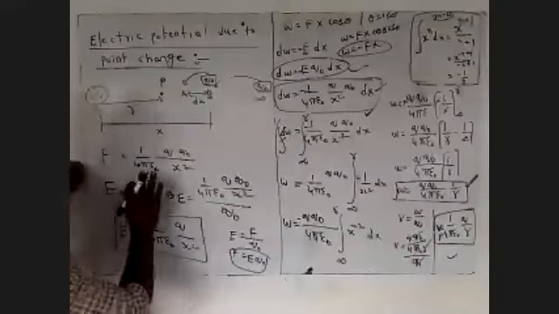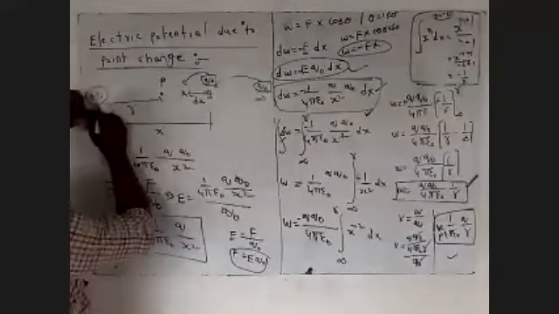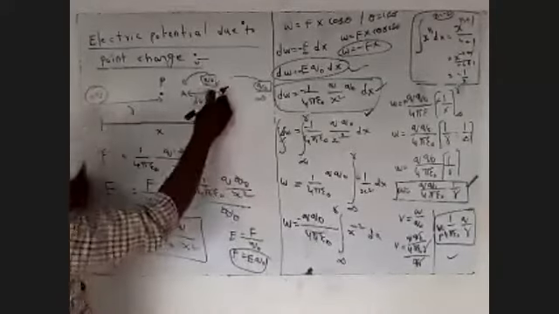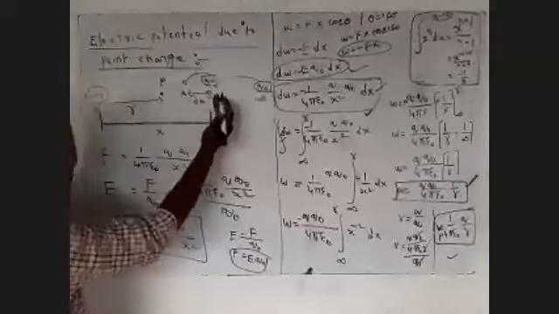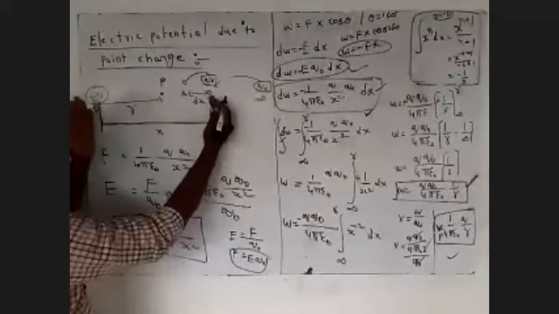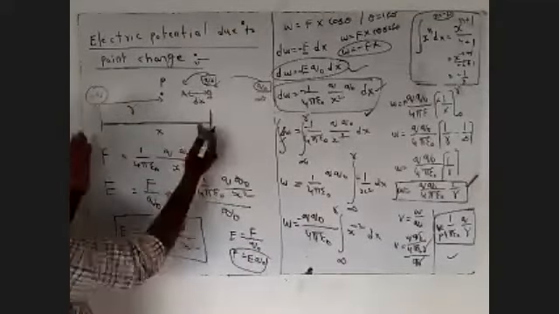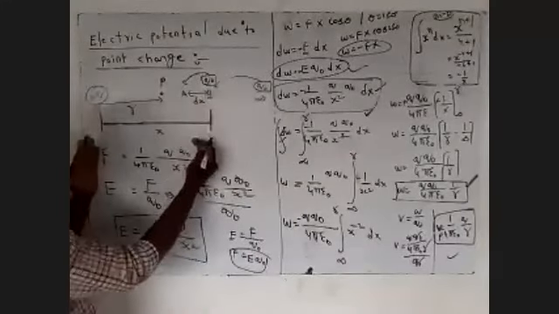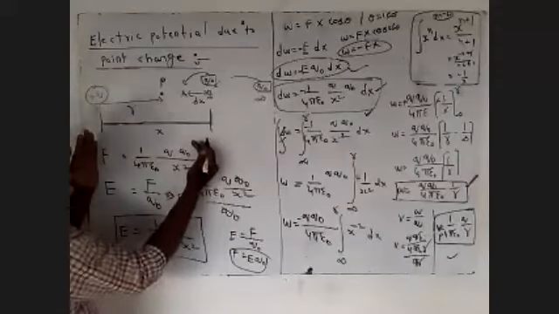So first, this is Q naught, and this is the distance between the source charge and the point charge, X. Coulomb's inverse square law applies between the two charges. So first we have to find the force of repulsion between the two charges.